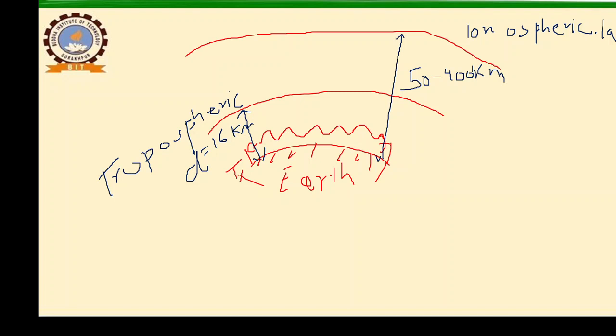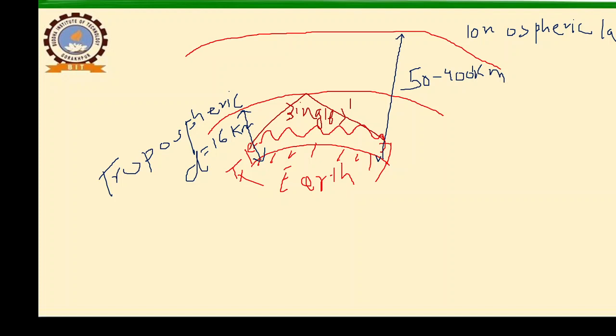Now, how does the multipath actually take place? The transmitter transmits signals, and the signal goes through the tropospheric layer to the other end, the receiver end. This is a single path, and this is the first signal.